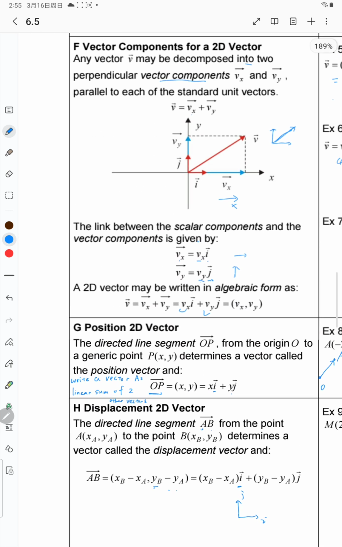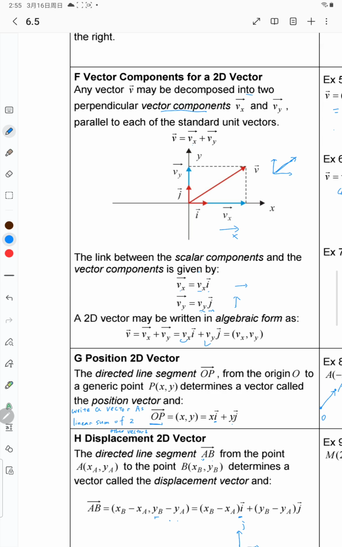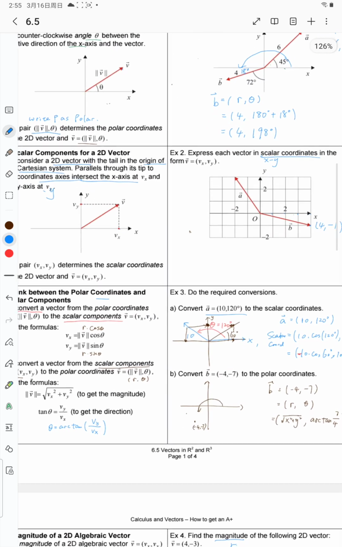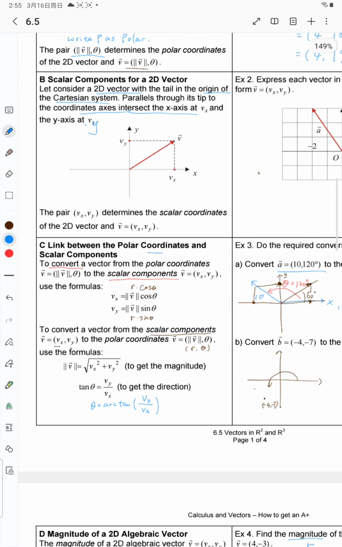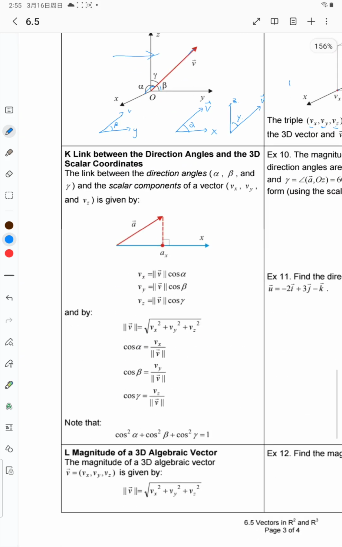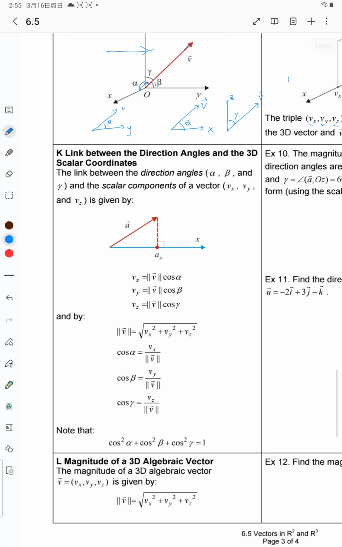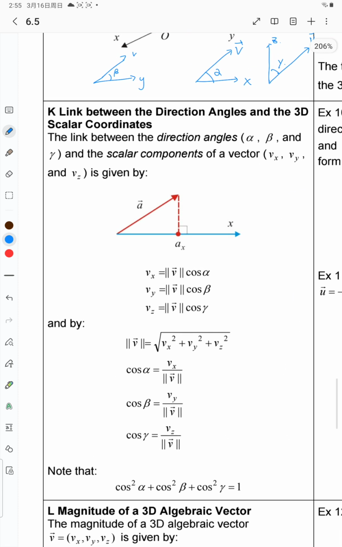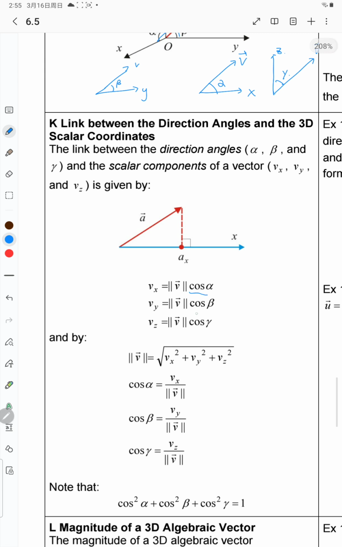I guess in 3D the only thing different is that it's using cosine. It seems like it's using cosine everywhere.